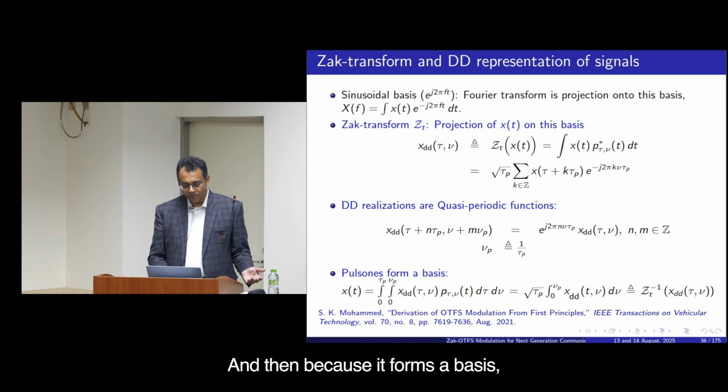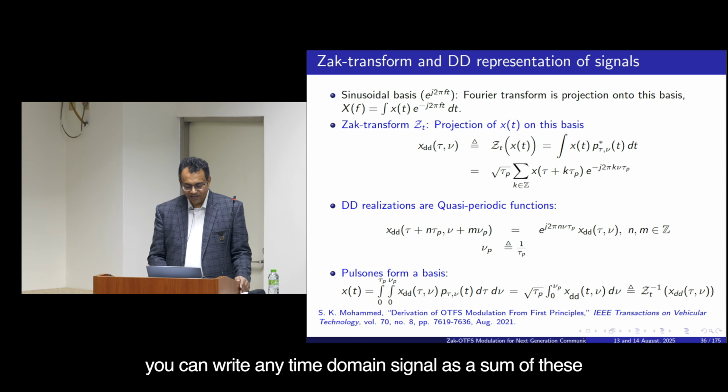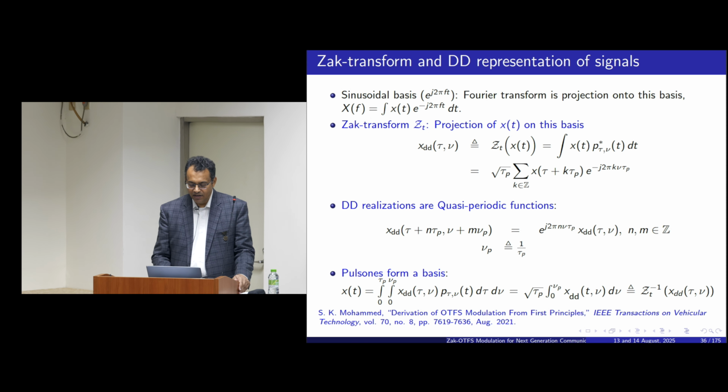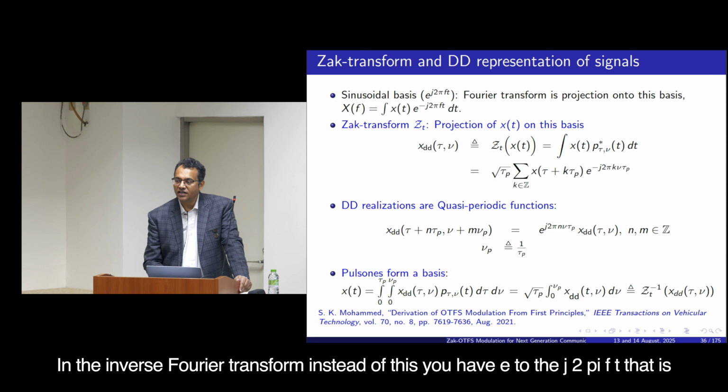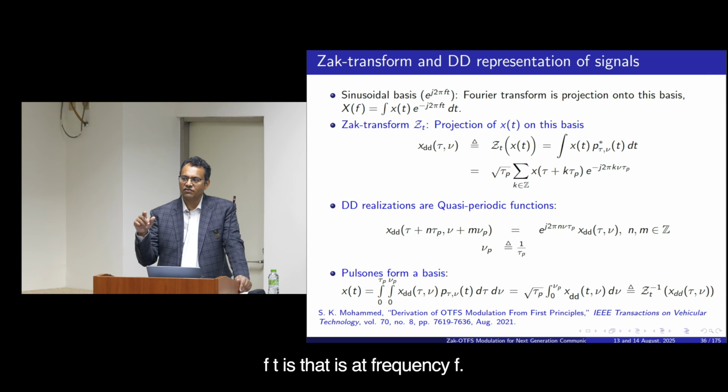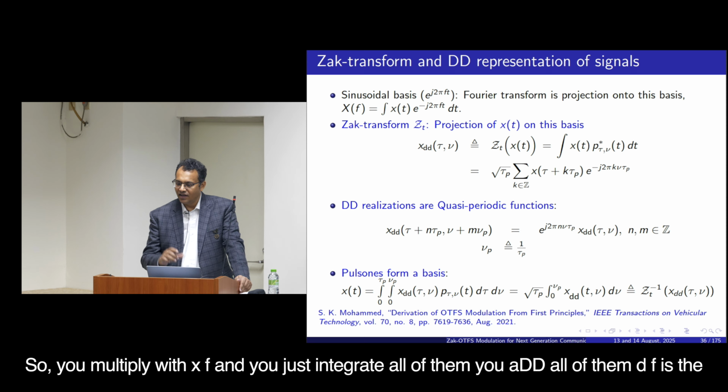And then because it forms a basis, you can write any time domain signal as a sum of these different pulsons, but you have to weigh them with this, right. It is just like your inverse Fourier transform. In the inverse Fourier transform, instead of this you have e to the j 2 pi f t, that is the basis waveform, and you multiply it with what? e to the j 2 pi f t is at frequency f, so you multiply with X(f) and you just integrate, you add all of them, df.